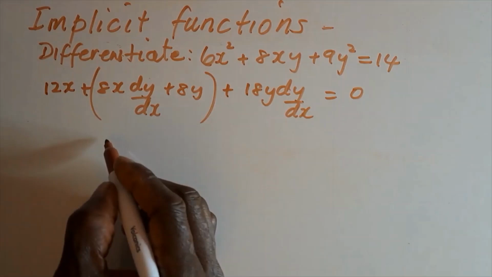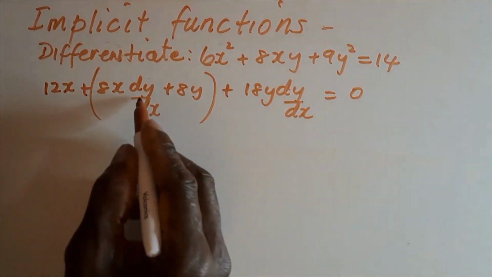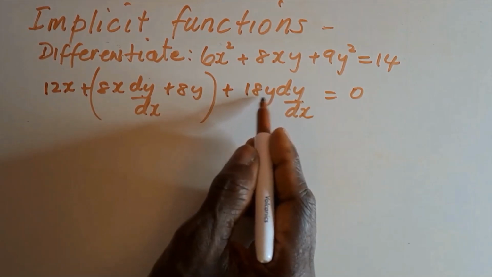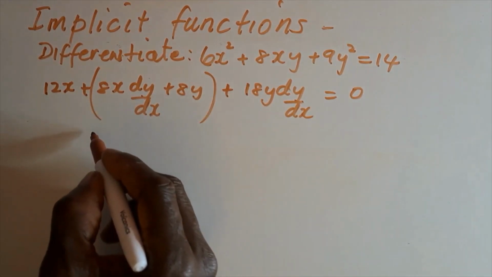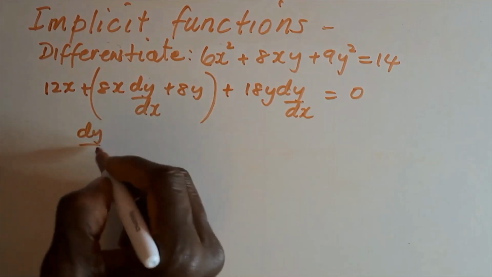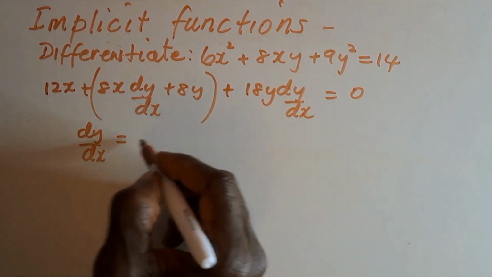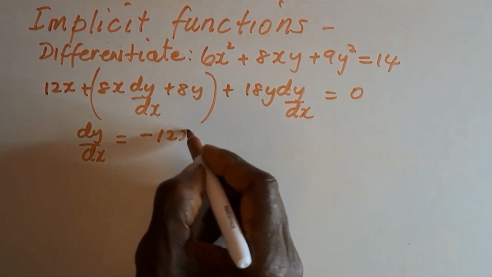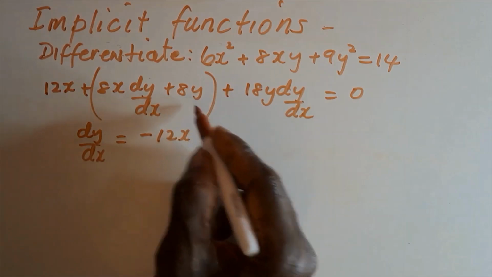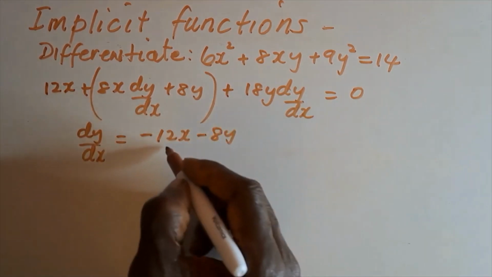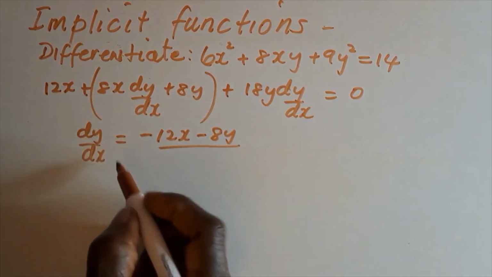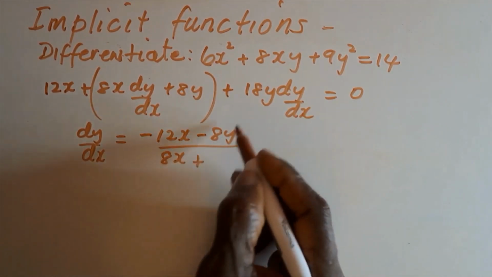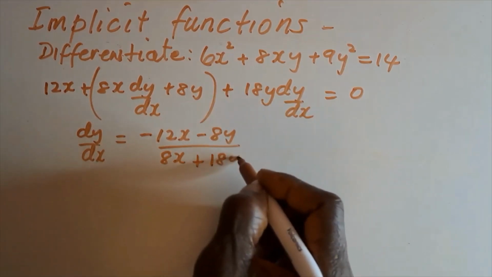And from this we can rearrange, we have like terms together, we'll have dy dx, we're going to take over the minus 12x becomes minus 12x, and also the 8y becomes minus 8y, and this is divided by 8x and 18y.